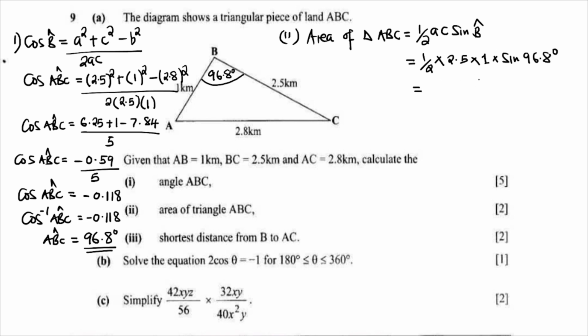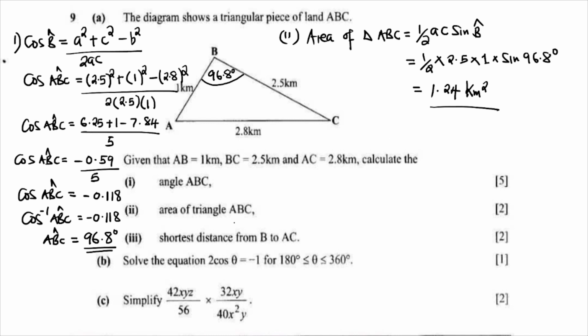If you press this on the calculator, 1 over 2 multiplied by 2.5, then multiply by 1, then multiply by sine 96.8, we are going to have 1.24 kilometers squared, because this is the area of a triangle. As simple as that.